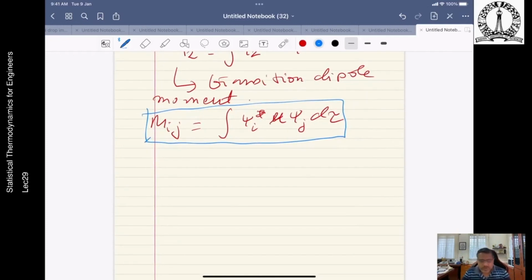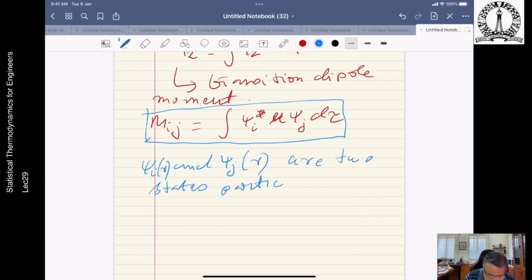So the two wave functions chi i and chi j identify the two states participating in any spectral transition.